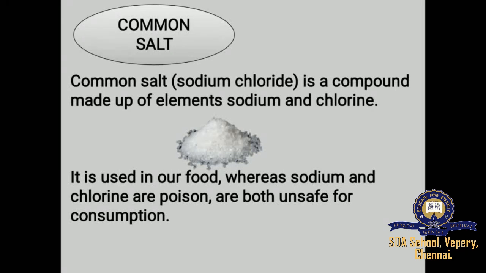When these poisonous elements combine, they form common salt and it is not a poison, because we are consuming it. So the compounds exhibit properties that are entirely different from the properties of the constituent elements.